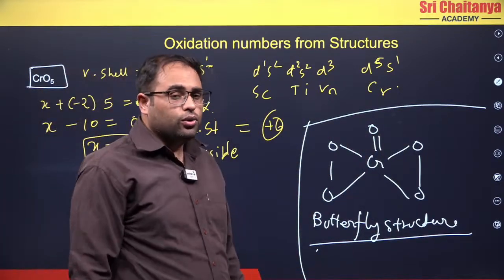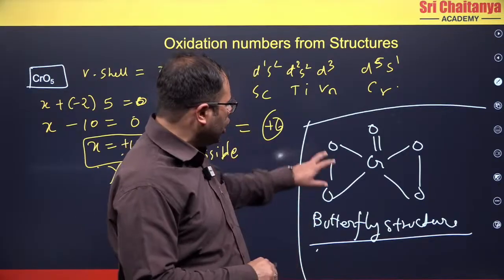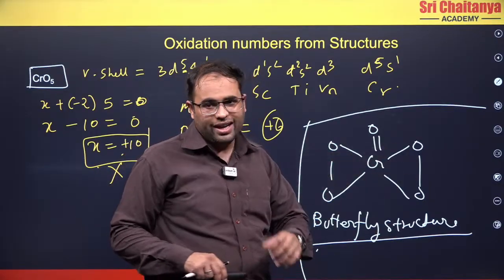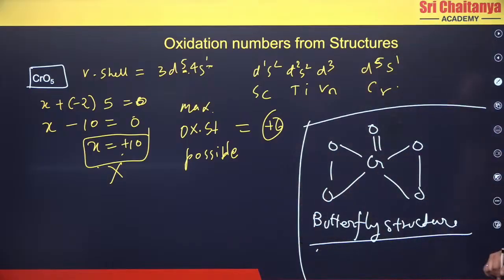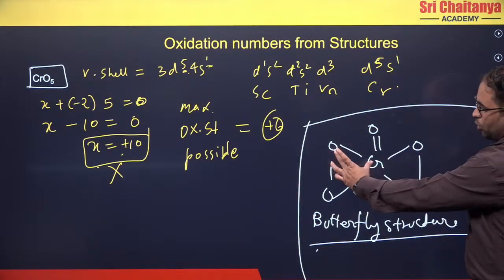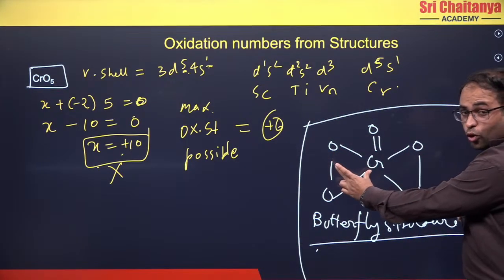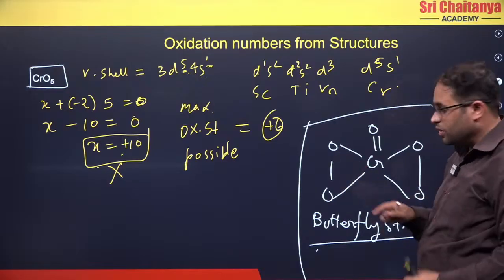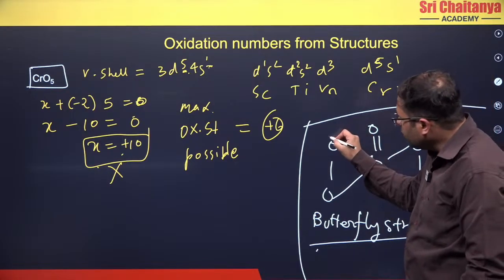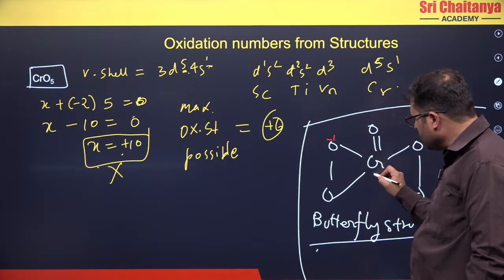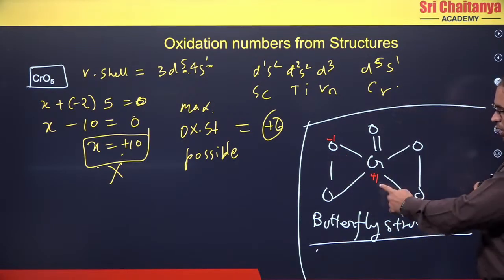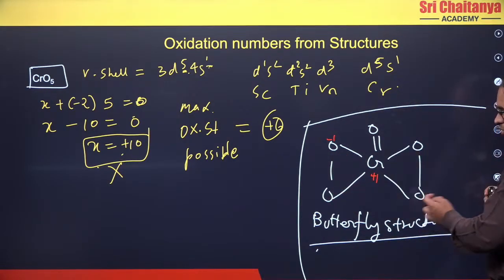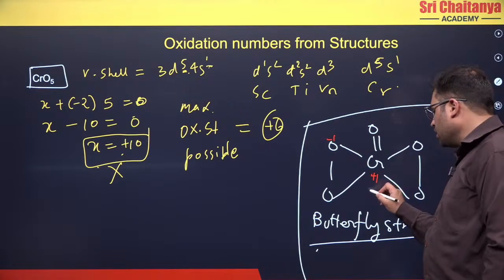Now we are going to use our basic method, bond by bond we are going to calculate what oxidation state it can have. Out of chromium and oxygen, suppose this bond I am concentrating on, which is more electronegative? Oxygen. So oxygen will get a -1 here, chromium will get a +1 for that oxygen. Similarly, it will get +1 for this, this and this oxygen, right?